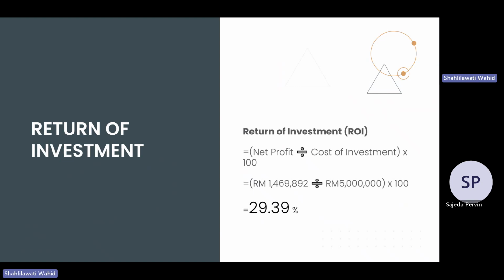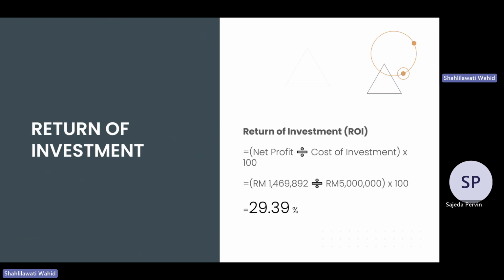Next will be the return on investment, and a good profit margin allows the company to cover their costs and generate a return on investment. And it's the same with the profit margin.